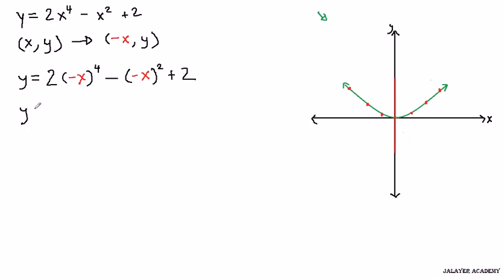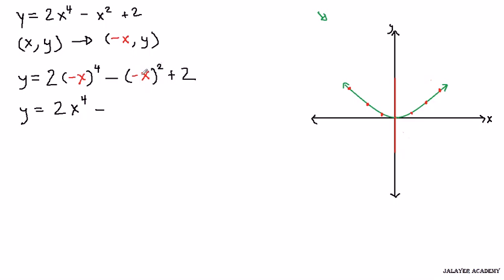Okay, so y equals, what's negative x to the fourth power? Well, any negative number to an even power is a positive number. So this is just going to be 2x to the fourth power, right? Minus, what's negative x squared?